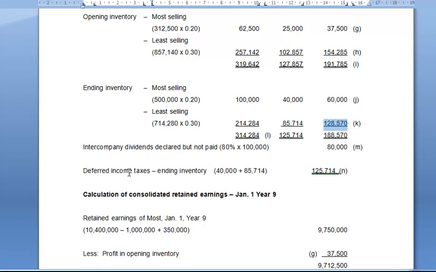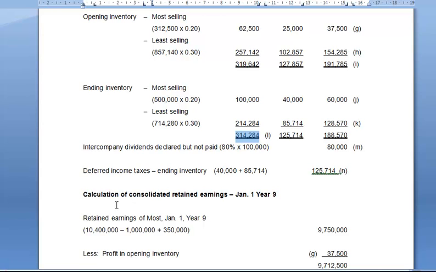All right, and again down here it tells us that we've got deferred taxes and ending inventory of this amount. And again, a deferred tax is nothing more than a prepaid amount of income tax. But because the consolidated entity can't take in the income taxes because they can't take in the profit this year because it hasn't yet been sold to outside entities, then they consider that a prepaid asset or deferred taxes.